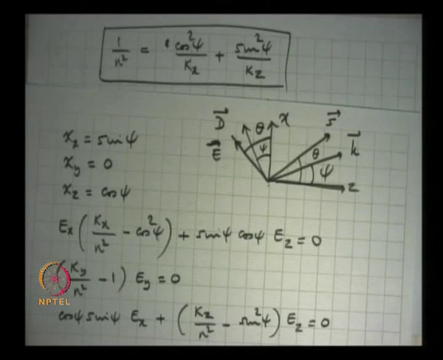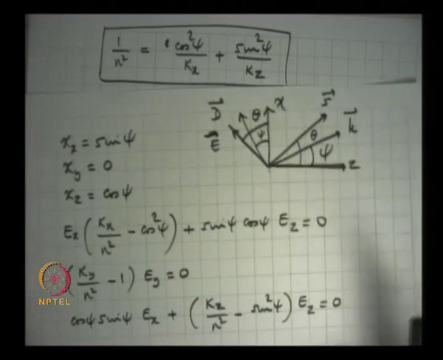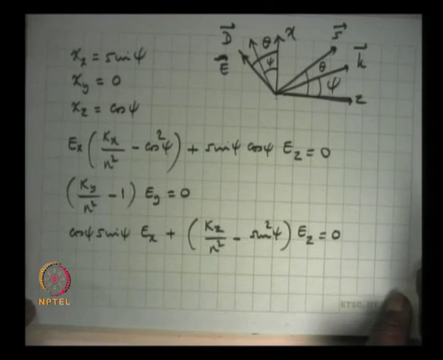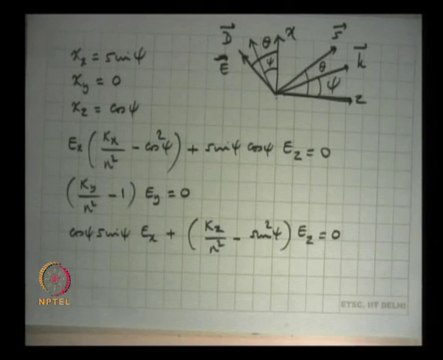These are the same results we obtained in the special cases when you propagate along the principal axis direction, but in general if you propagate in the xz plane at some arbitrary direction psi, then this particular polarization state, this D vector direction which is perpendicular to this k vector direction, has its refractive index changing as you change the value of psi. And that is typical of anisotropic media. Please remember this solution has a psi dependent refractive index, the other solution has a refractive index which does not depend on psi.